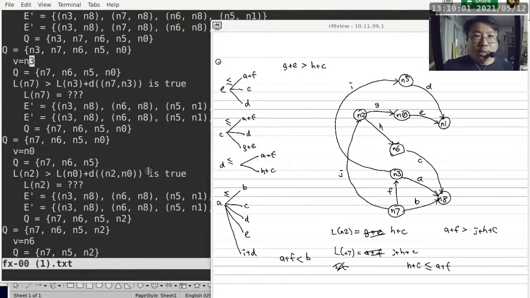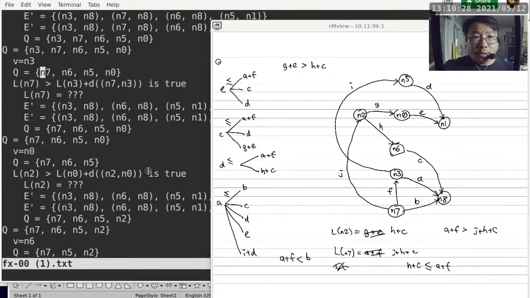Okay. So when we encounter this one, at that point we conclude that the L value of N3 is less than the L value of N7. And I'm not really sure at that point what we have found about N7, but that is not I plus D. What exactly is I plus D?